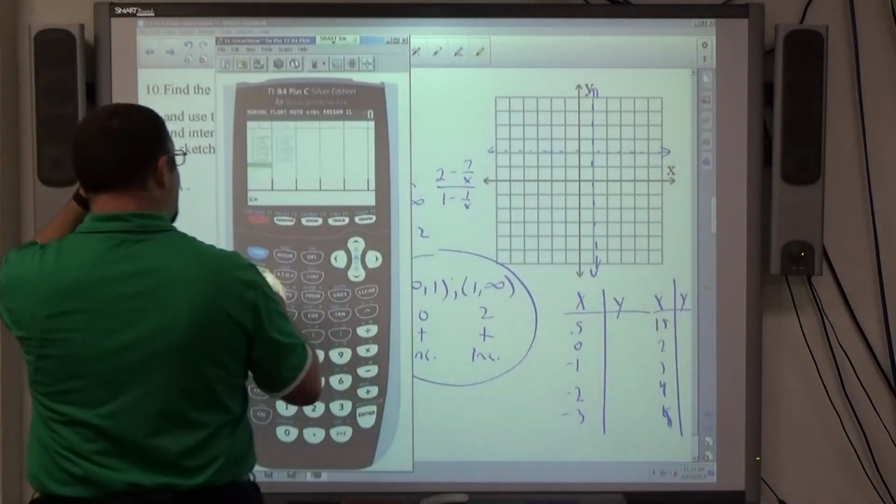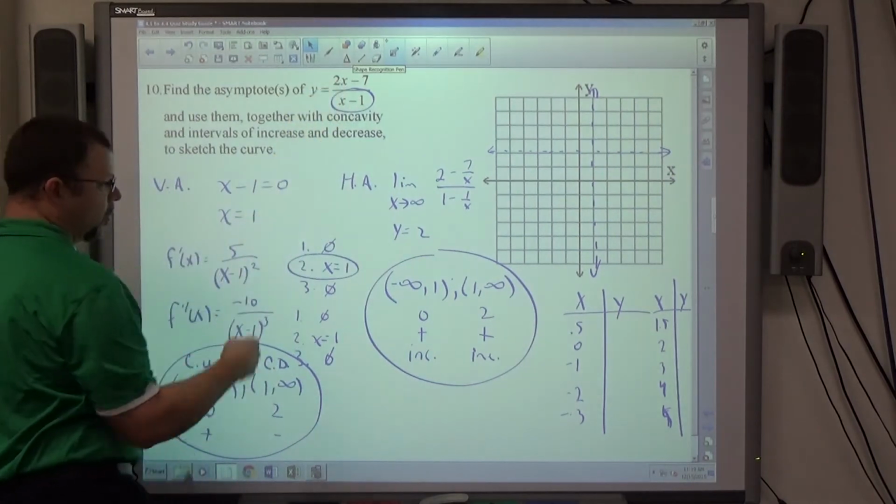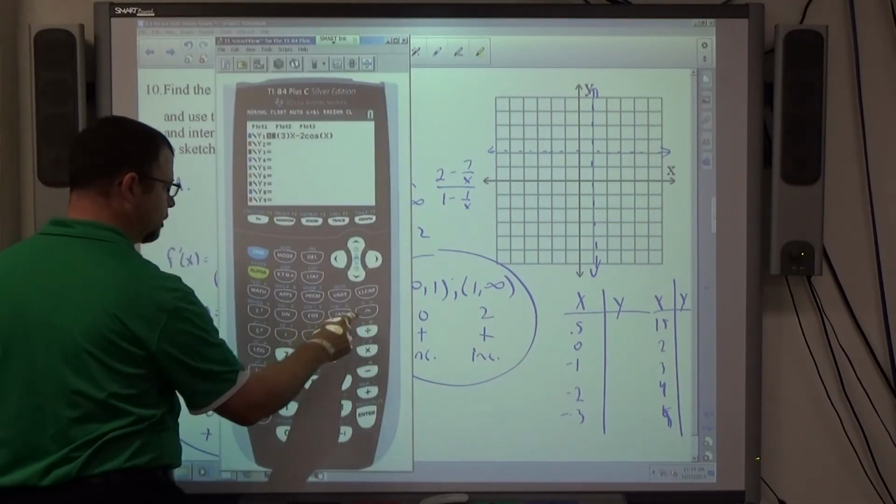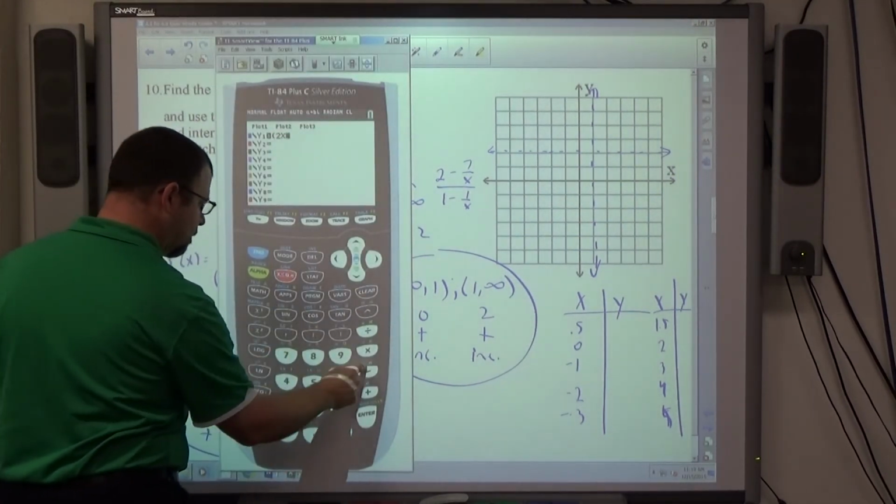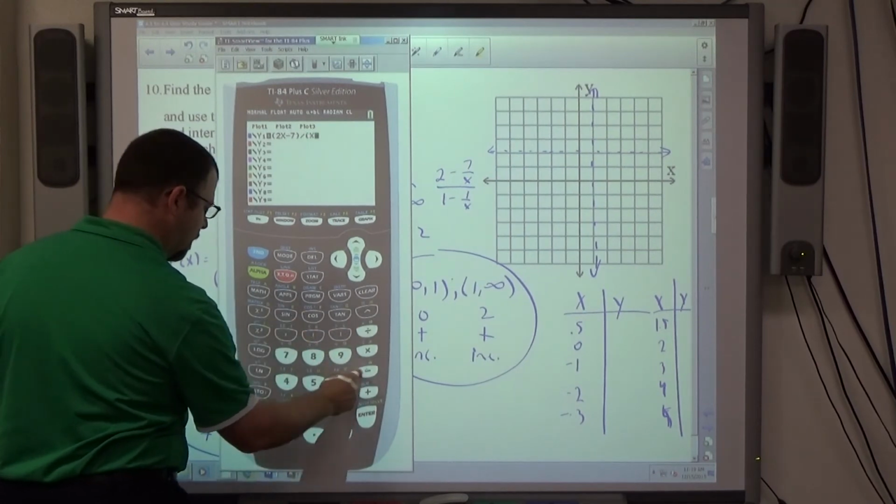So y equals the function (2x minus 7) divided by (x minus 1).